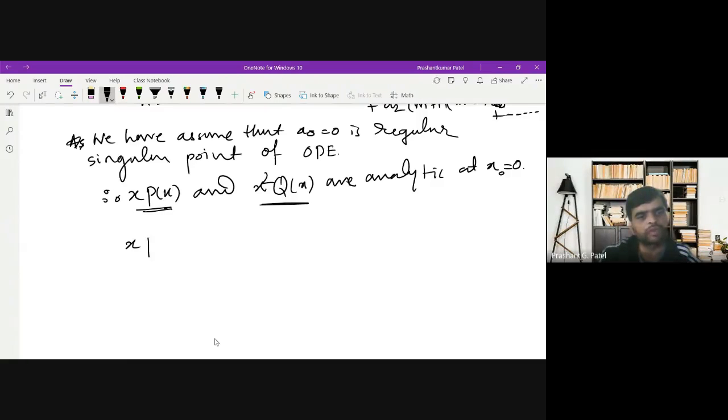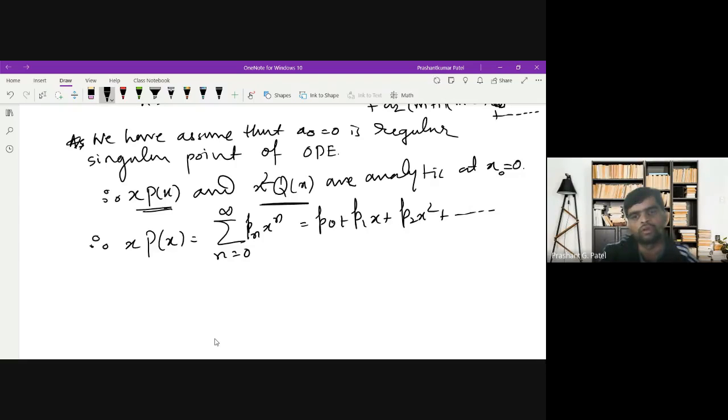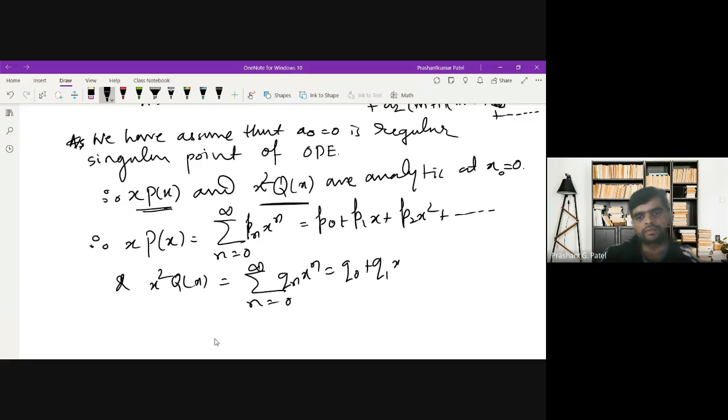That is, x p of x has a power series, summation n running from 0 to infinity pn x raised to n, which is p0 plus p1x plus p2x square and so on. And x square q of x also has the power series summation n running from 0 to infinity qn x power n, which is q0 plus q1x plus q2x square and so on.